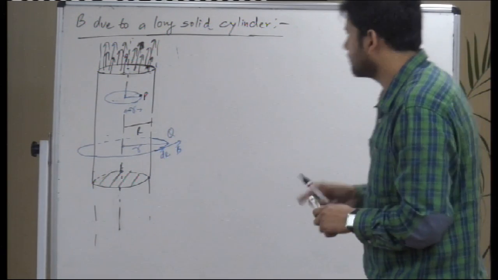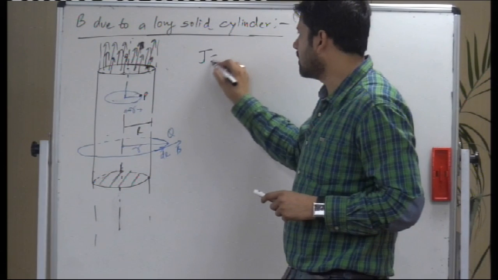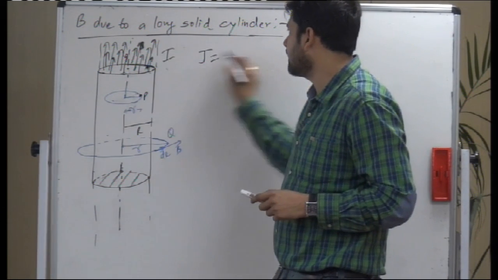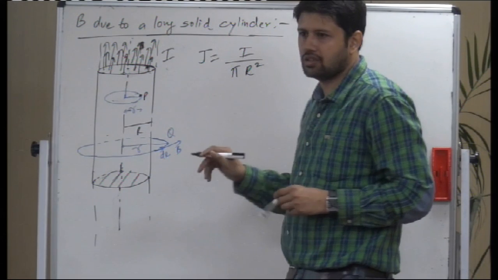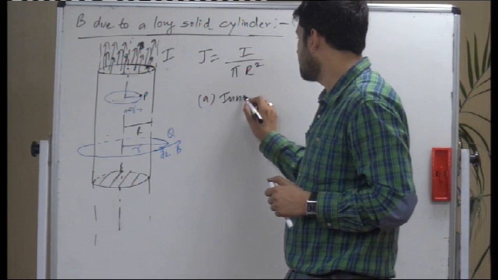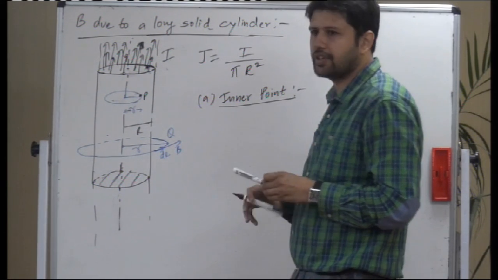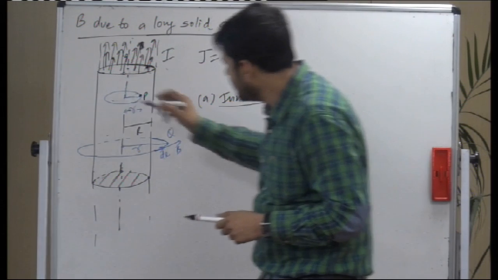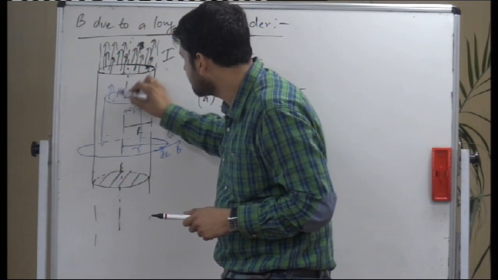Okay. Now J, the current density, is this current I over pi R square. Now for an inner point, only this portion would be carrying current.